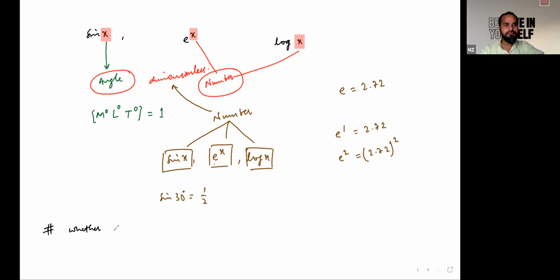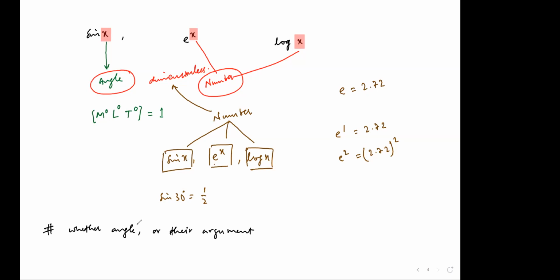This whole term, sine of x, is called the argument, and x is called the angle.